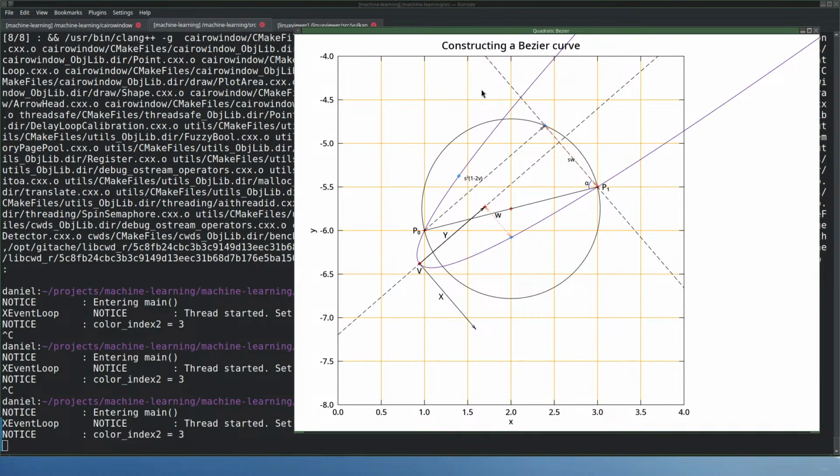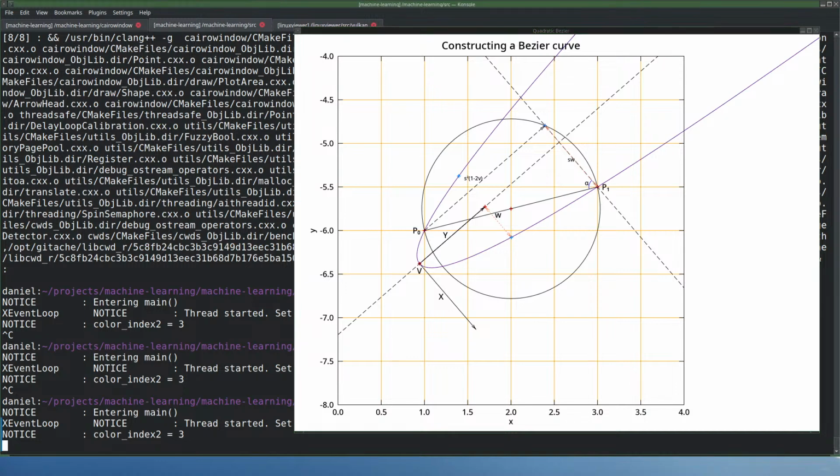Let's rotate it until, I don't know, here-ish, which is, by the looks of it, 75 degrees. And then ask ChatGPT to fix my coordinates. Oh yay. Okay, we have 1, minus 6 and 3, minus 5.5.